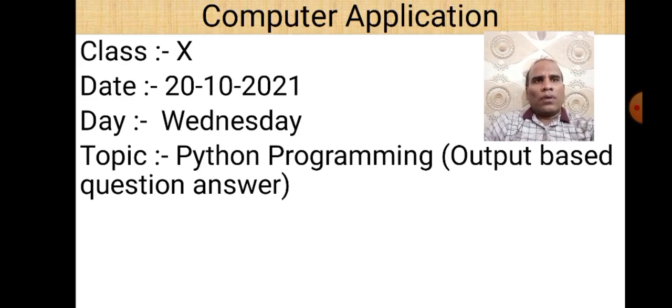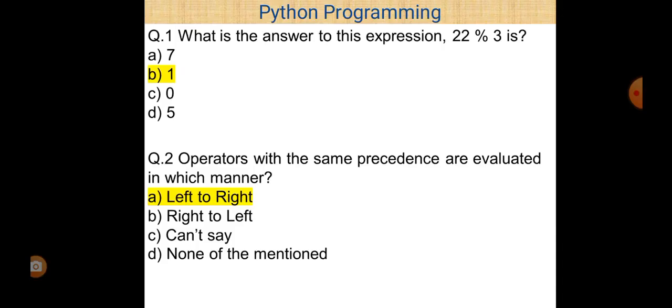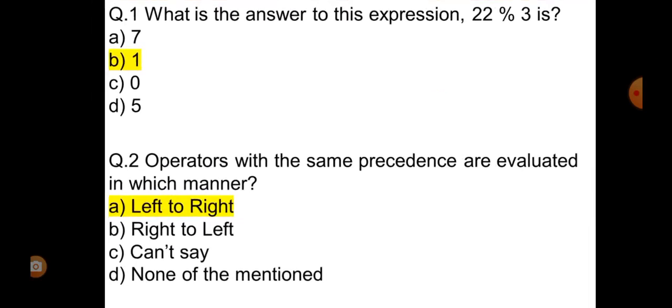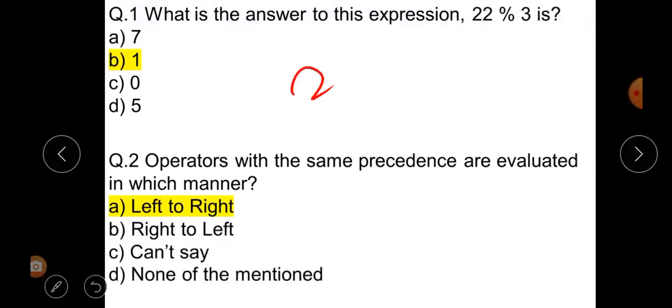So let's start. Our first question is, what is the answer to the expression 22 modulo division 3? As you know, when we talk about modulo division, it basically returns the remainder. So here our question is 22 modulo division 3.